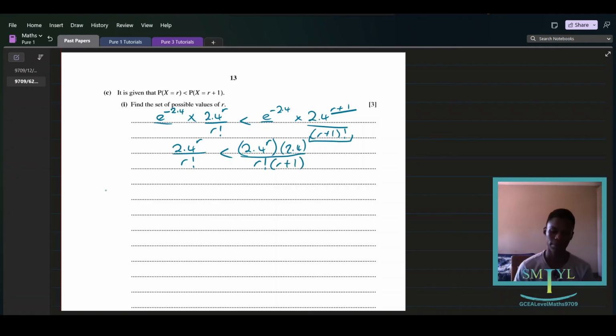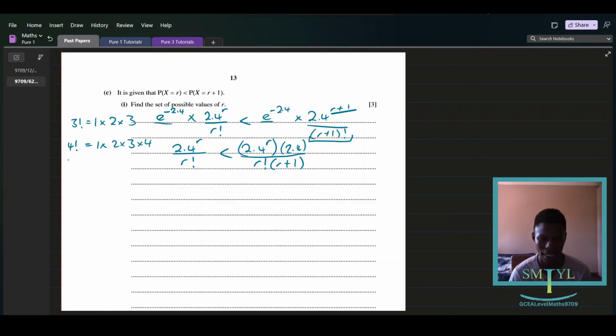So let me explain that. Say for example we've got 3 factorial. 3 factorial is equal to 1 times 2 times 3. And now let's do 3 plus 1 factorial. 3 plus 1 is 4, so that's 4 factorial, which is equal to 1 times 2 times 3 times 4.